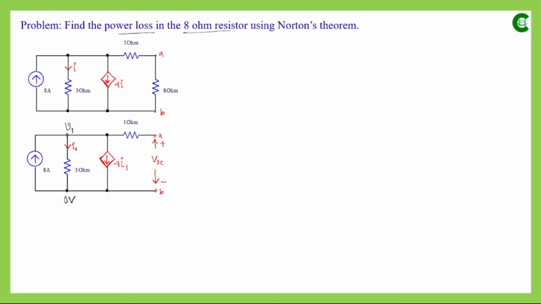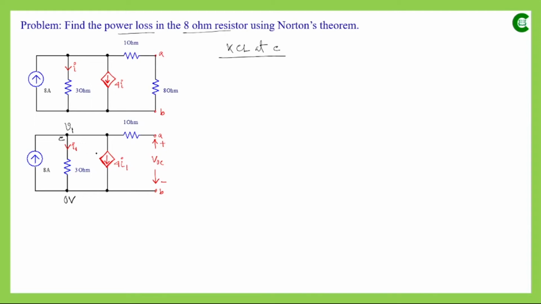Now at this principal node, let's say this node is C, if we apply KCL, then as per KCL the summation of all the incoming currents will be equal to the summation of all the outgoing currents.